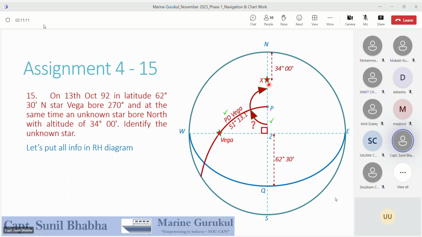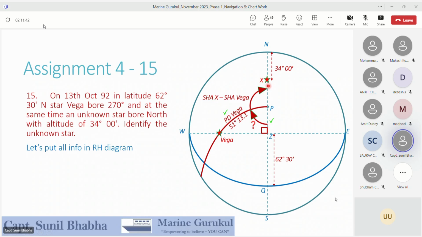Now once I know this angle, I know this is the difference between SHA of star X and the SHA of star Vega also, because this is the R angle, the difference of R angle between the unknown star and Vega. So SHA is also a R angle. Whatever is the SHA of Vega plus this angle is going to give me the SHA of the unknown star.